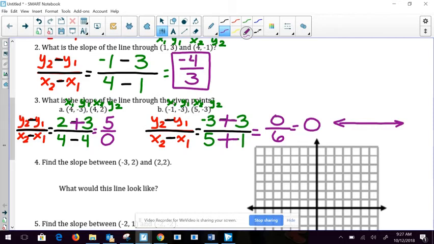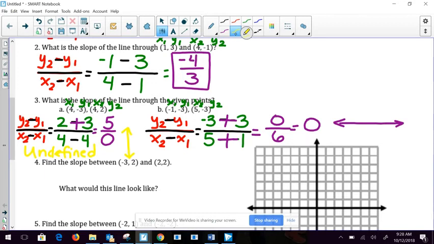So whenever we come across one that has a 0 on the bottom, we need to write that down as undefined. That is our undefined slope. So thinking back to our pictures, that is our slope that is exactly up and down or vertical. So make sure that you write the words, whether it's a 0 slope or an undefined slope.